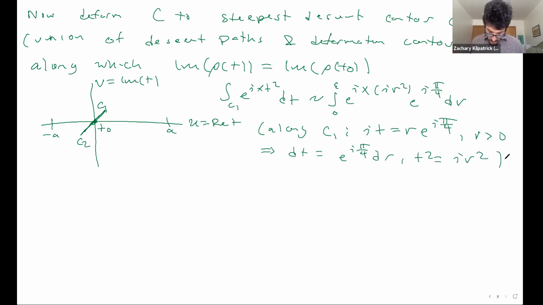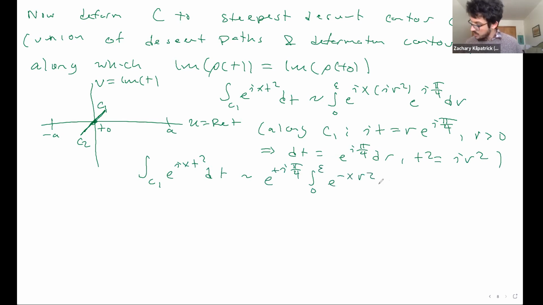Okay. All right. So then our integral along C1 of e to the I x t squared dt is going to be approximated by e to the I pi over 4 times the integral from 0 to epsilon of e to the minus x r squared dr. I can just extend that integral all the way out to positive infinity because of the rapid fall off in that direction.